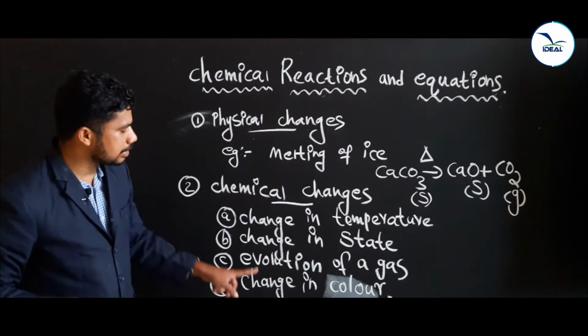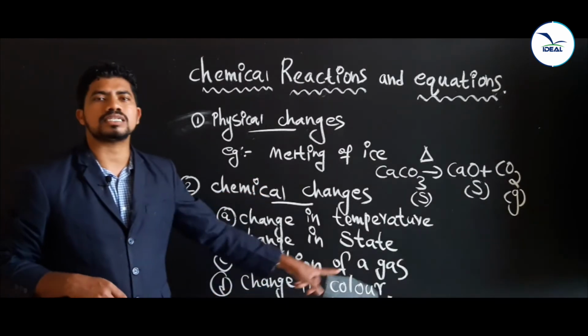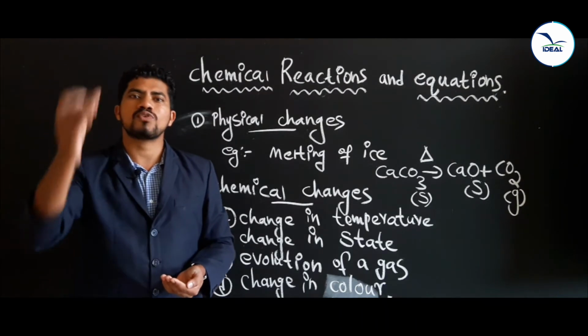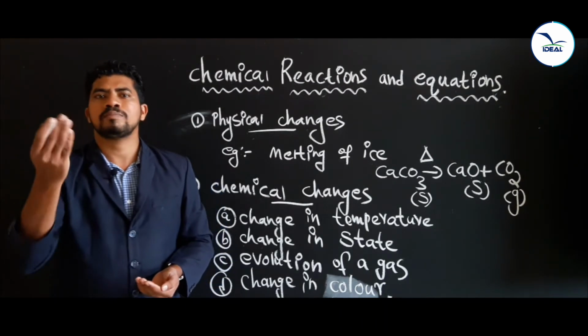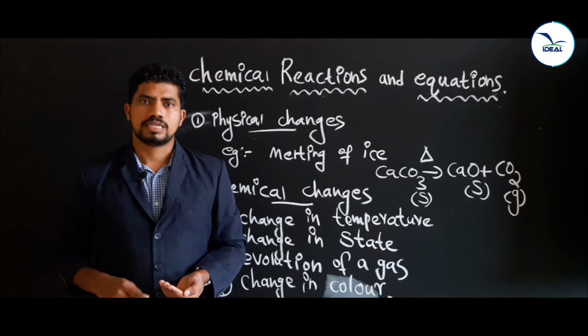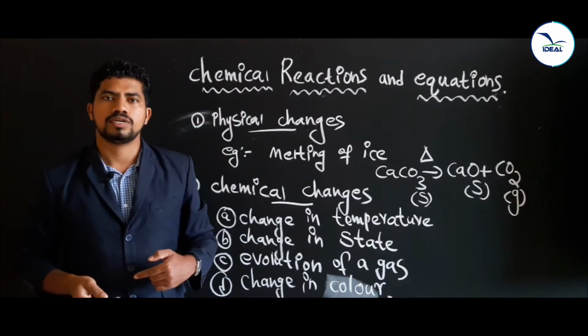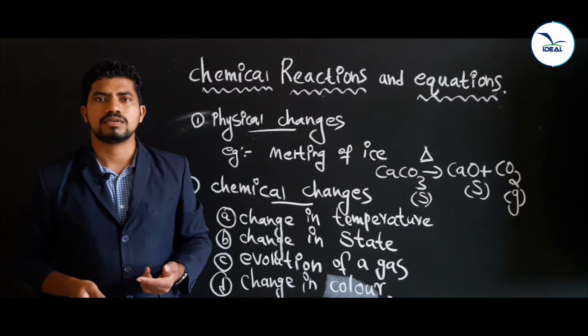And the last one, change in color. In many science exhibitions, we can see a number of experiments done by the students. There is a lot of color change when students are mixing two test tubes having different solutions.